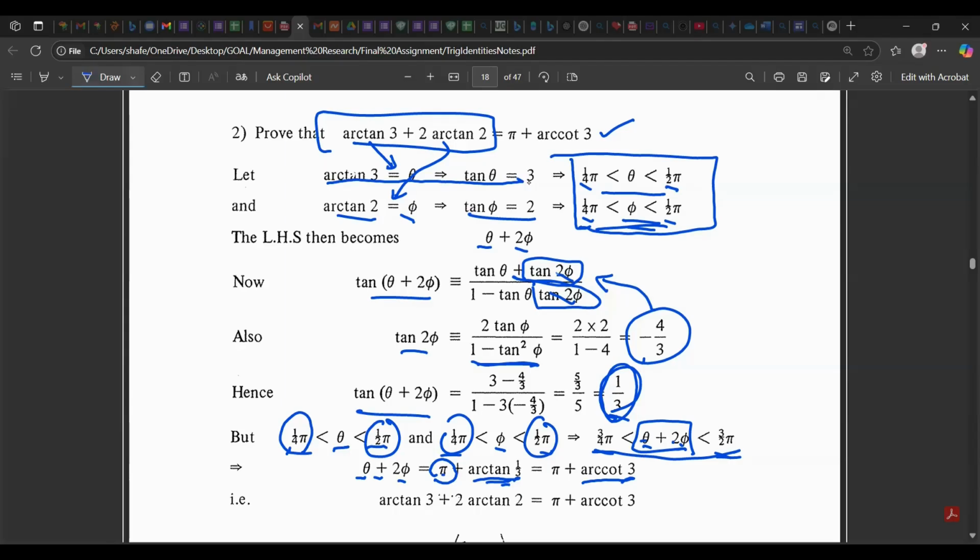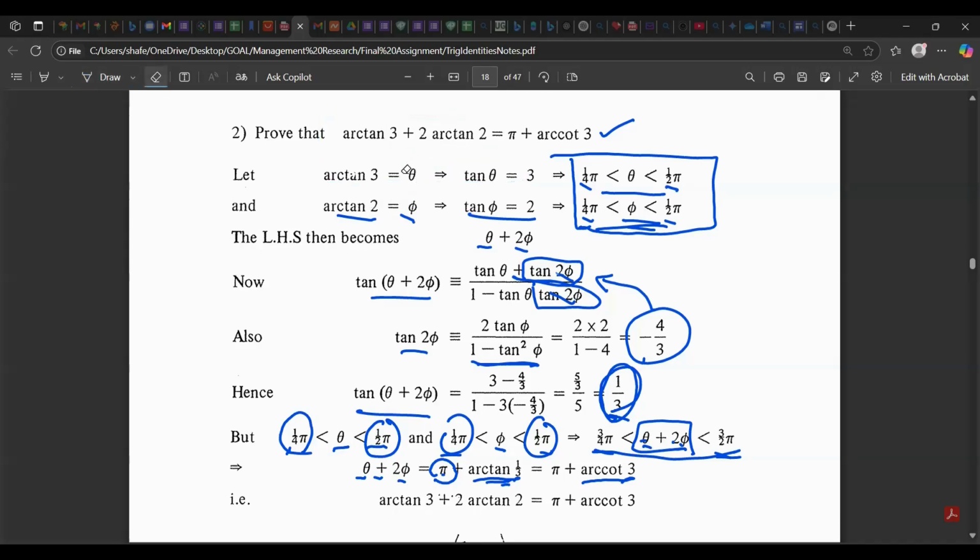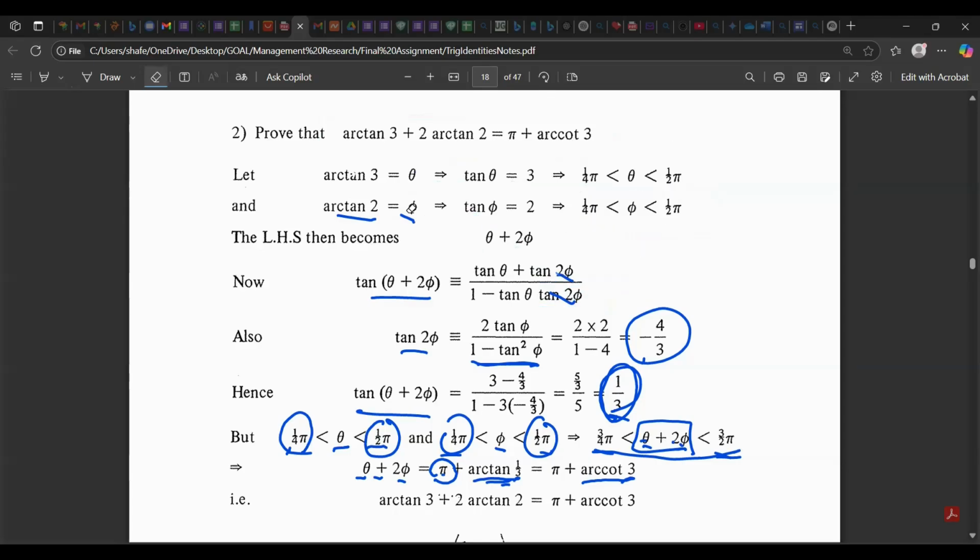And in that way, they were able to prove it. It's not an identity, right? It's an equation, and we're showing that the right-hand side is equal to the left-hand side.